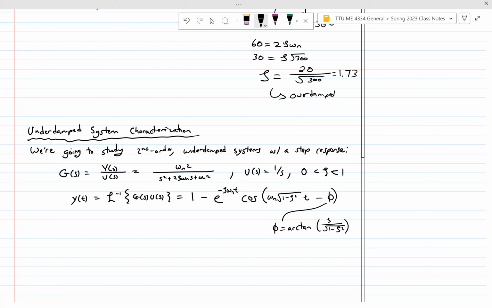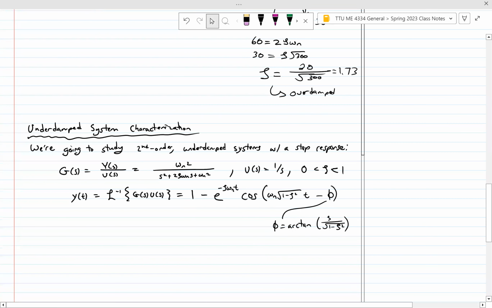We don't have to worry too much about that piece at this stage yet. Right? But if we put in a step response for an underdamped system, what happens?